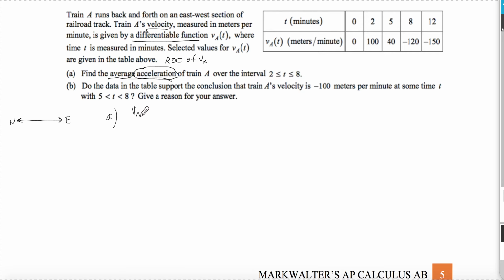So I need v sub a of 8 minus v sub a of 2 over 8 minus 2. Let's see, v sub a of 8 is negative 120 minus v sub a of 2 is 100, over 8 minus 2 is 6.